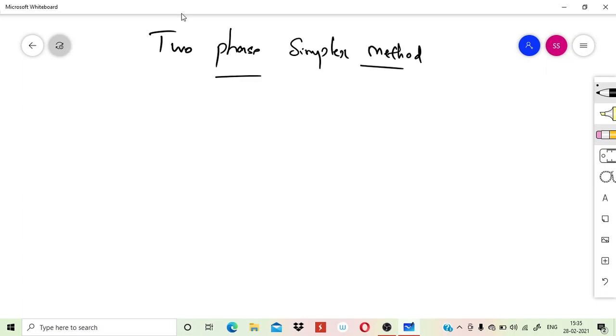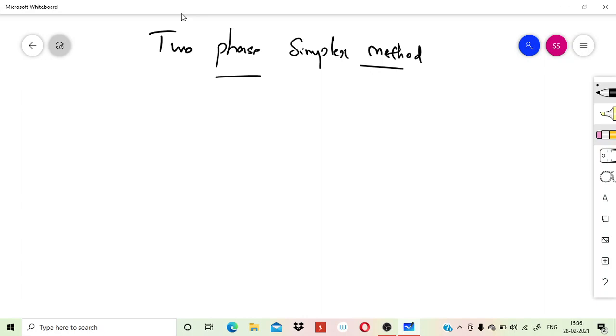Okay, we will consider a problem, and we will explain how to solve that problem with the two-phase simplex method, so that the algorithm also will be clear. You have to just go through the algorithm once. You will be very clear.